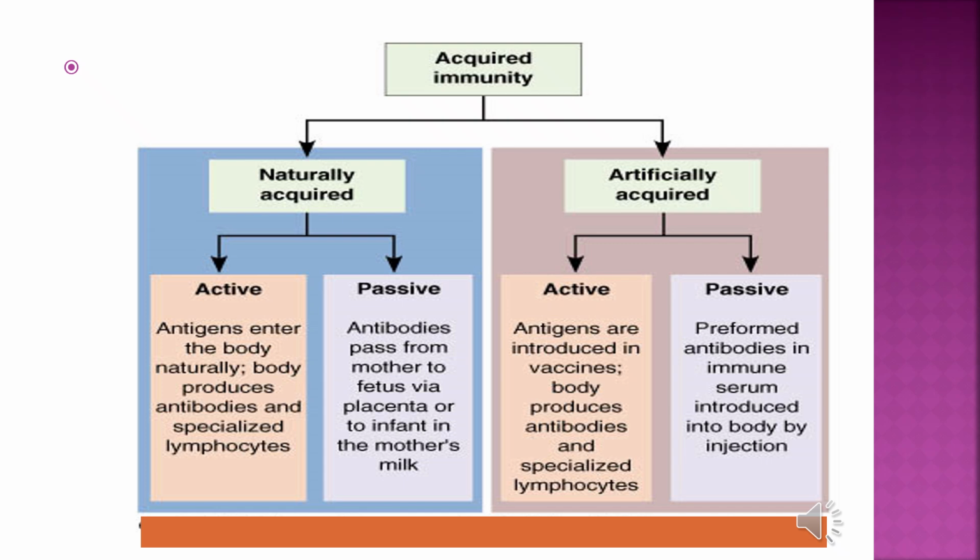In passive, antibodies pass from mother to fetus via the placenta, or to the infant in mother's milk. In artificially acquired active immunity, antigens are introduced in vaccines, and the body produces antibodies and specialized lymphocytes. And in passive, preformed antibodies in immune serum are introduced into the body by injection.